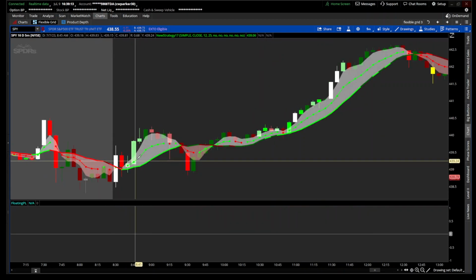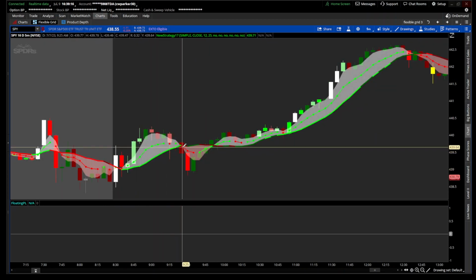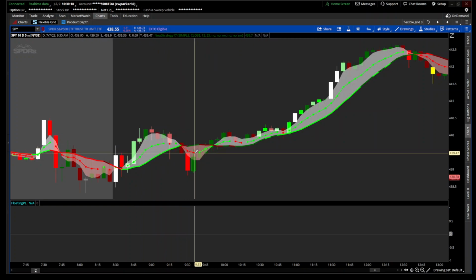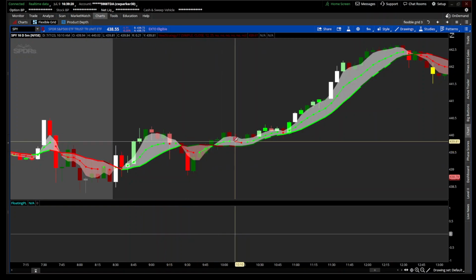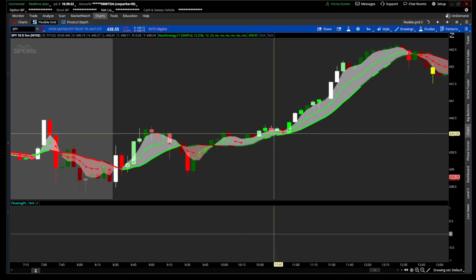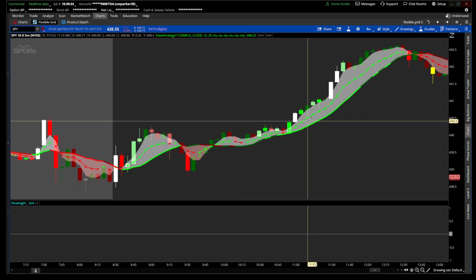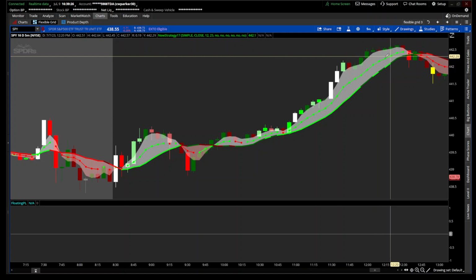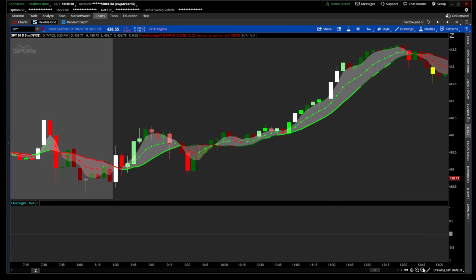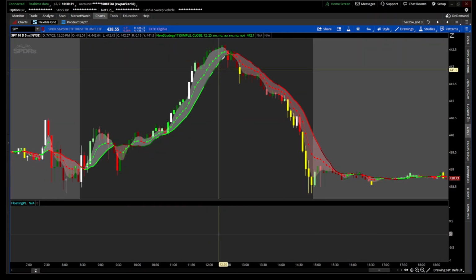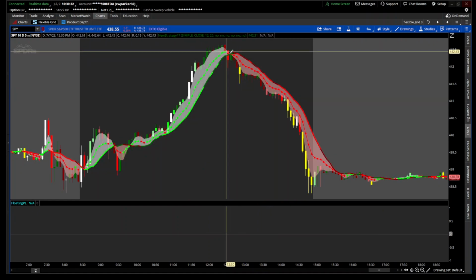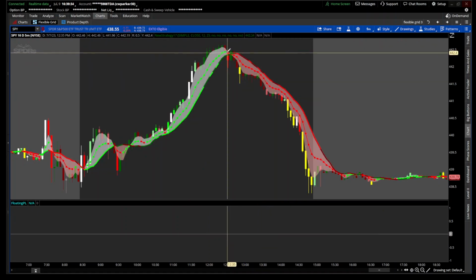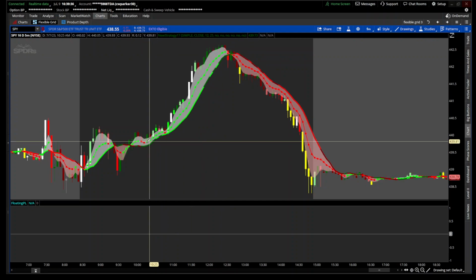If both moving averages are pushing up, you'll get green. If both moving averages are pushing down, then you'll get red. These dots sit in the middle of the two moving averages. I'm showing it like this, and you can see where it was really effective over here, or it helped you get out of the stock right here, or get into the stock over here.